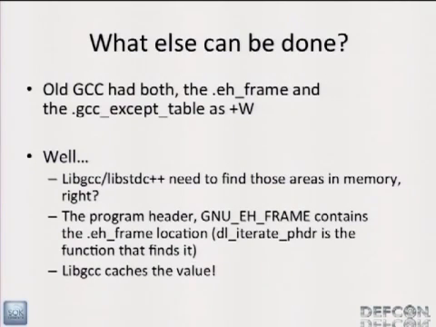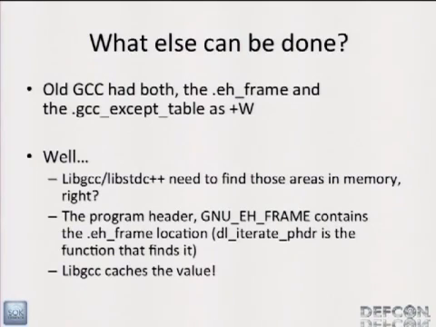So old GCC used to include the EH frame and the GCC exception table as a plus W, writable section in memory. So basically it was possible to just overwrite it in memory if you managed to locate it. What happens is, of course, modern versions of GCC don't do that. So what else can we do?